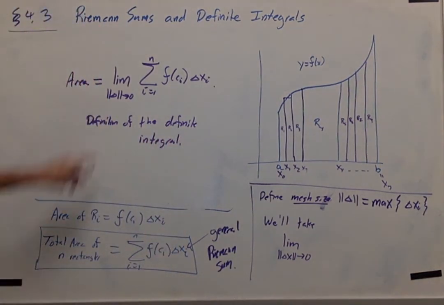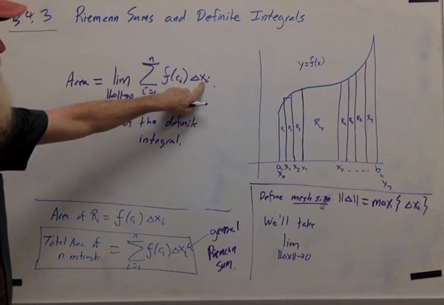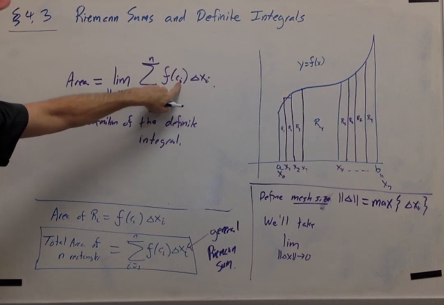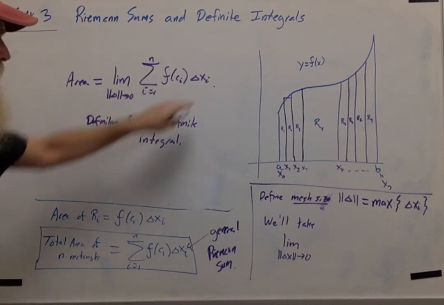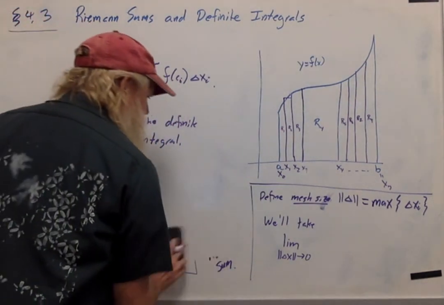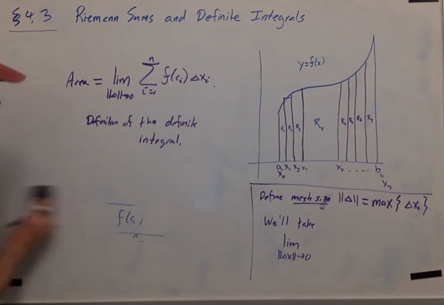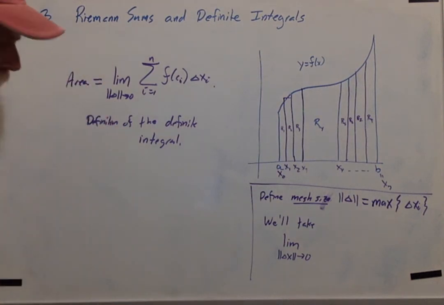So if this limit converges, no matter what partition you use, and no matter what point c sub i you use, and you get the same answer no matter which way, that's known as the definite integral. And it turns out that if the function is continuous, then this limit will exist.